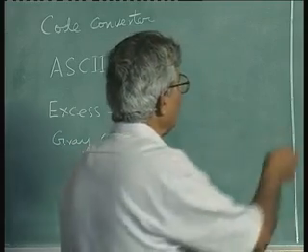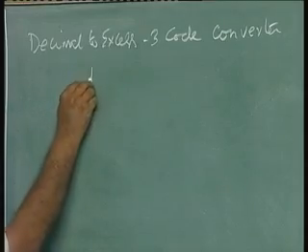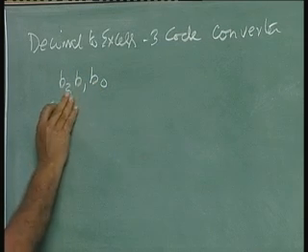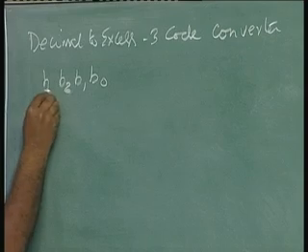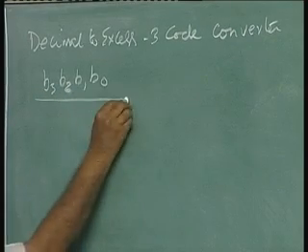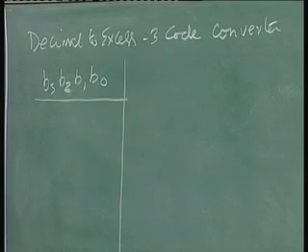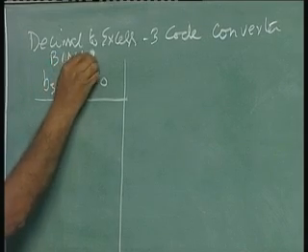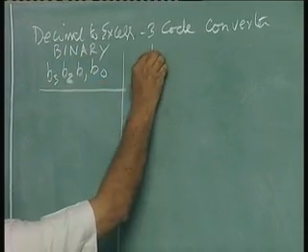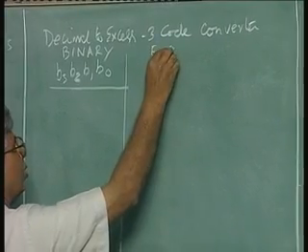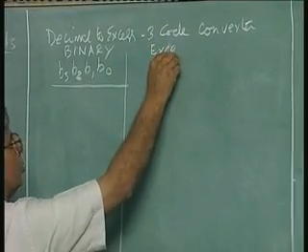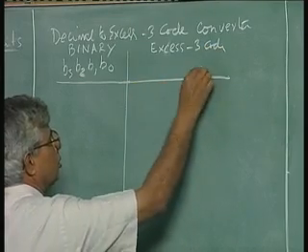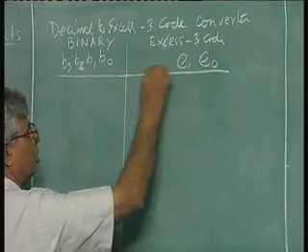So for the given binary code, I will call the 4 binary bits B0, B1, B2, B3, and the corresponding XS3 code bits I will call E0, E1, E2, E3.